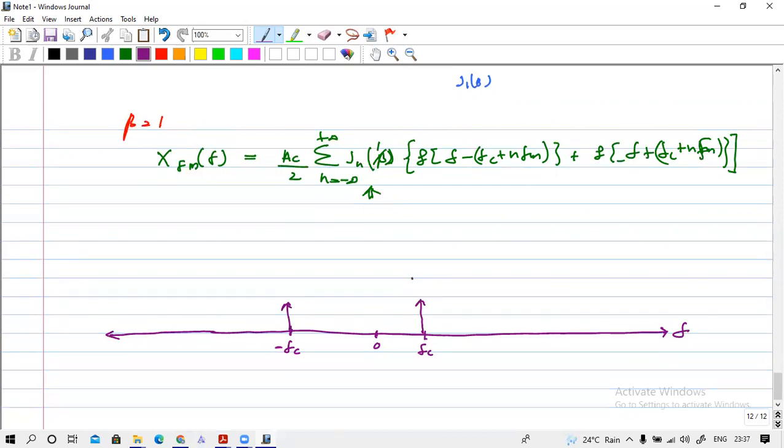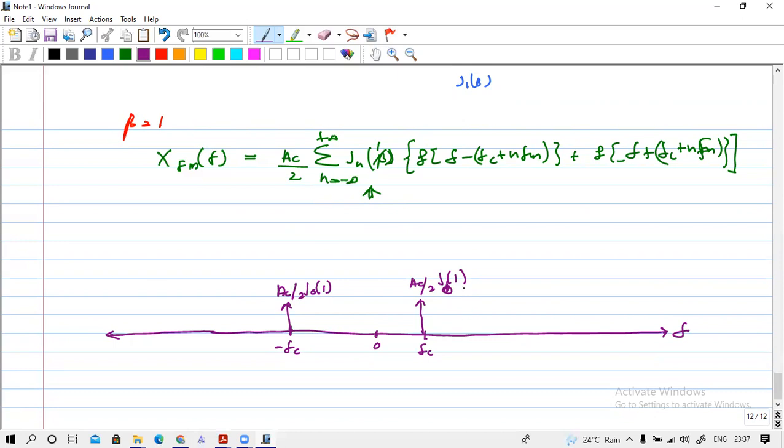So this is equal to (Ac/2) J1(1). Okay, so J0(1), because I select beta as 1. So this one also has (Ac/2) J0(1).